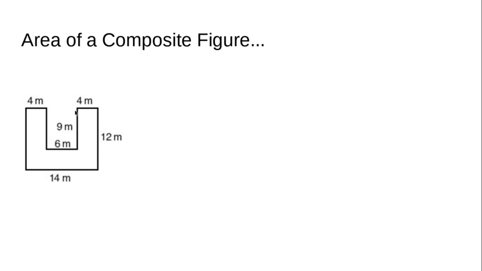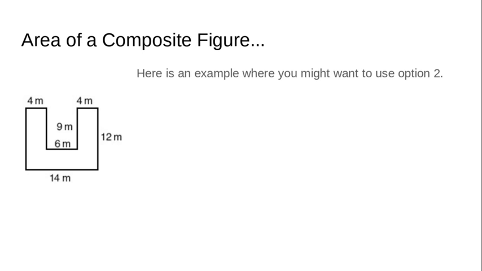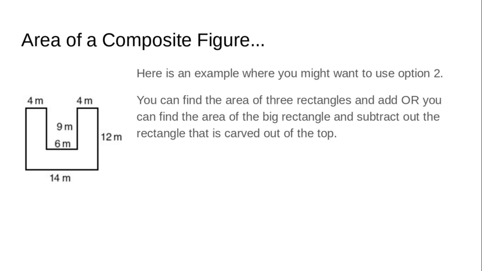So let's just say, hey, straight across, that goes all the way at 14. So if I'm thinking about this as the second option where I'm going to subtract, I'm going to assume I have that whole big rectangle. So that whole big rectangle would be 14 by 12, which is 168 square meters.